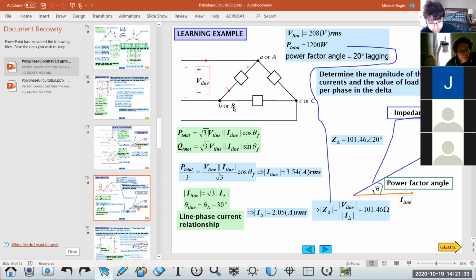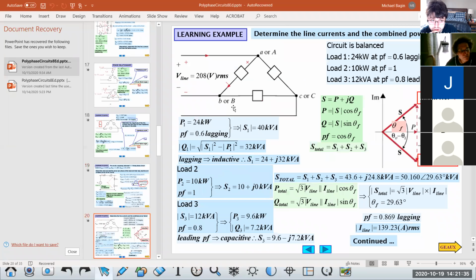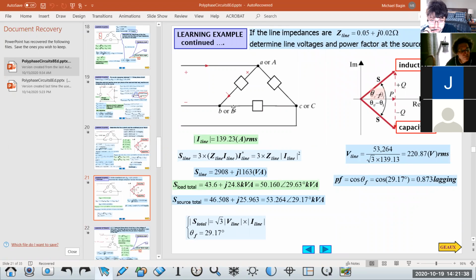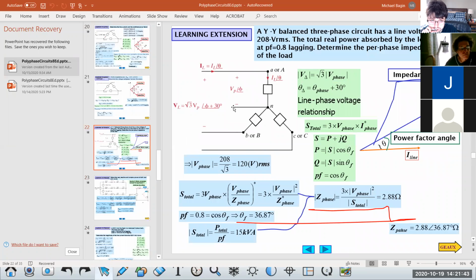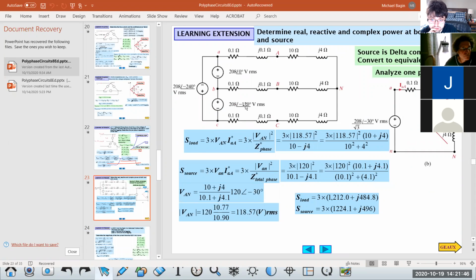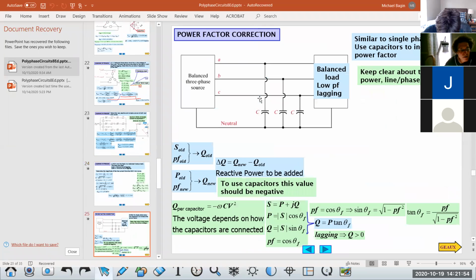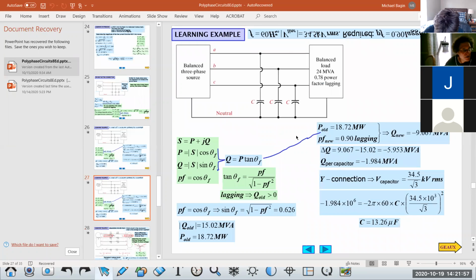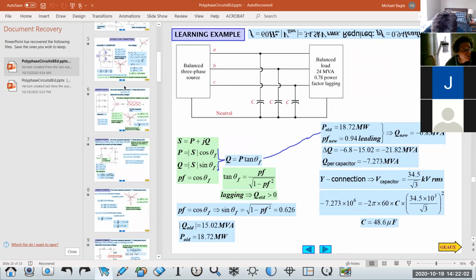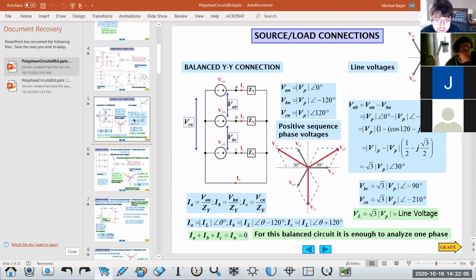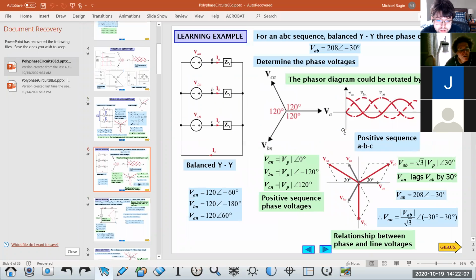I'm looking for one thing. This is a good problem. This is a Y to delta with a line impedance. But I wish he would have said it explicitly, unless I missed it. That's voltages.